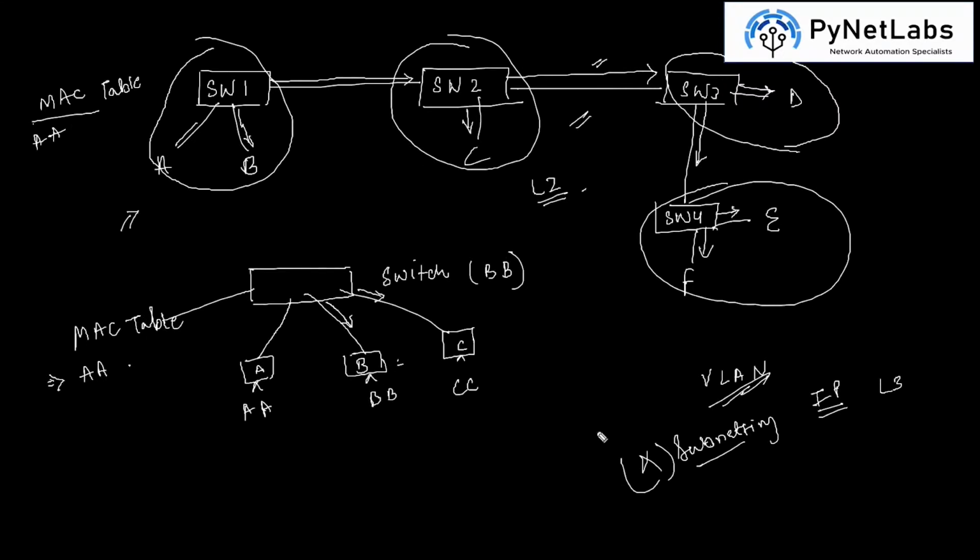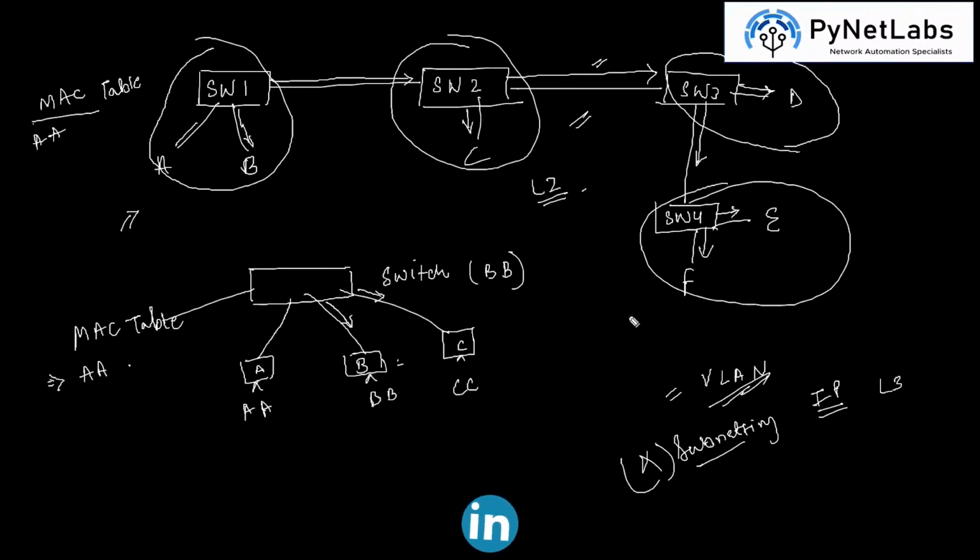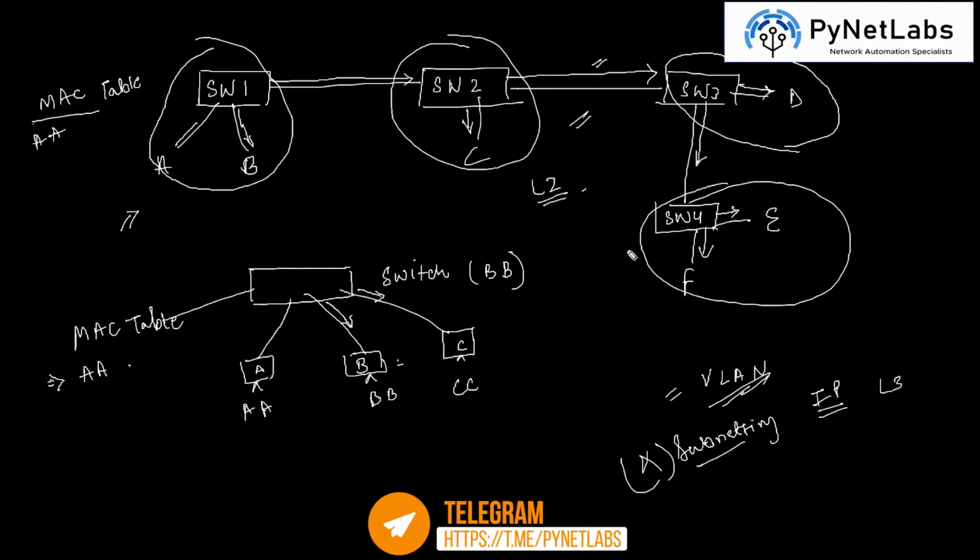I hope you guys are clear why we are not using subnetting to divide the network and we are using VLAN. If someone has any doubt, or is not clear about anything from the explanation so far, you can ask me. Otherwise, we are good to move ahead.